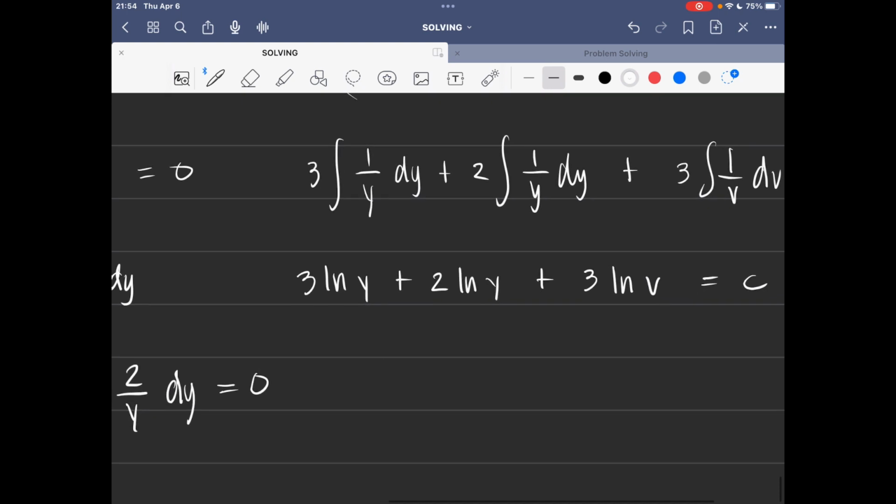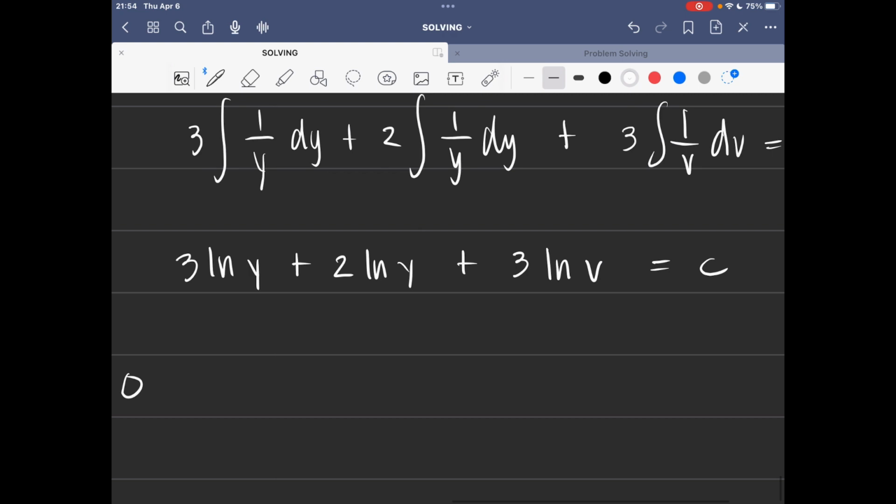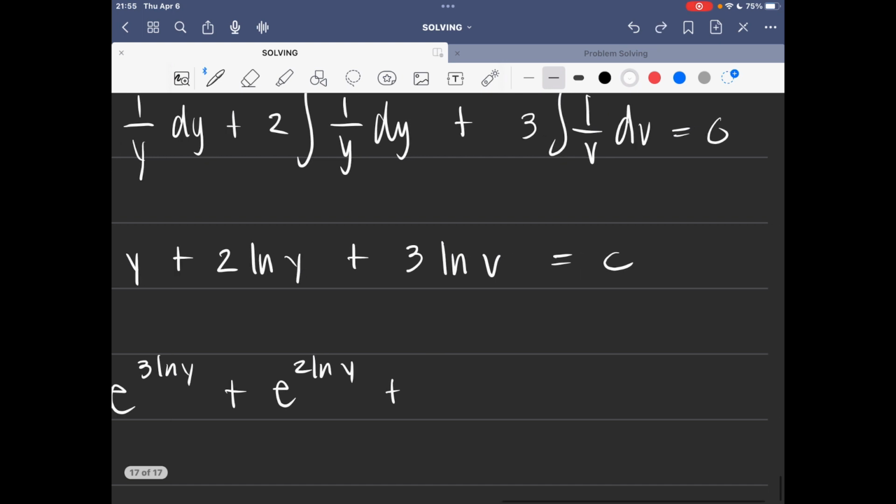So we need to invert it so that we can cancel out ln. So we are going to raise it to e: e raised to 3 ln of y plus e raised to 2 ln of y plus e raised to 3 ln of v is equal to c, or e raised to c.